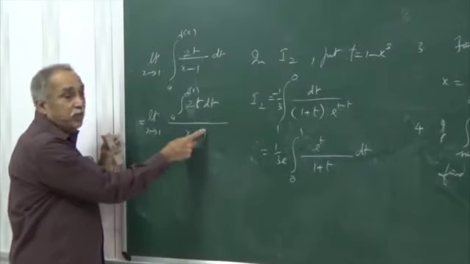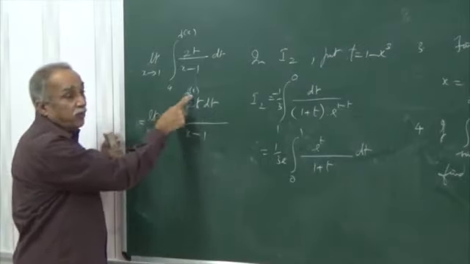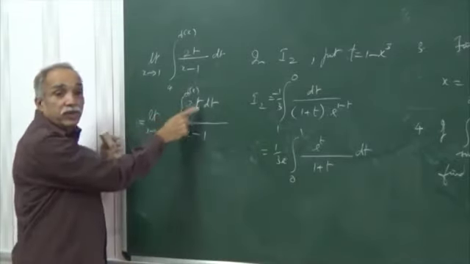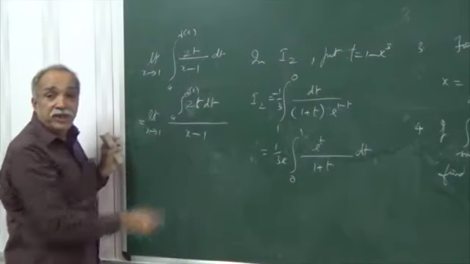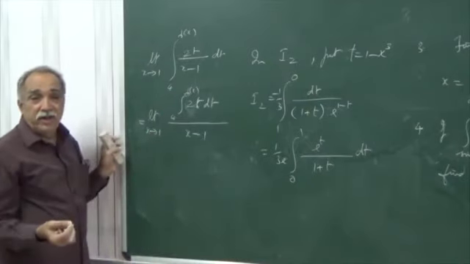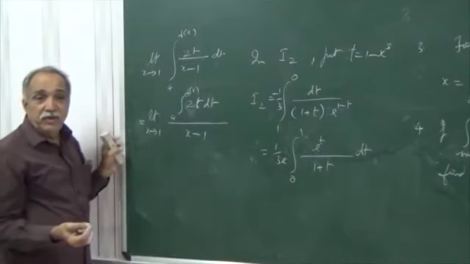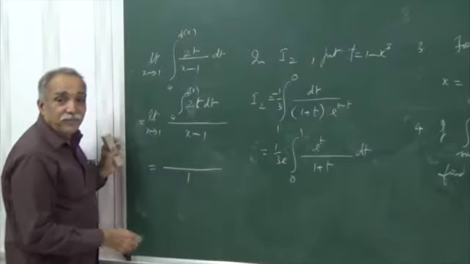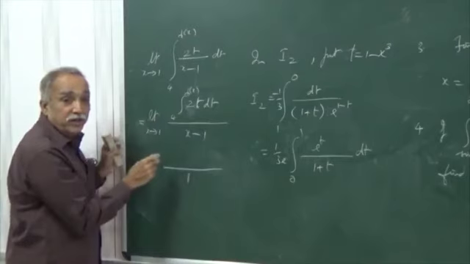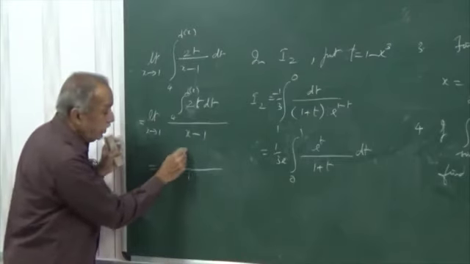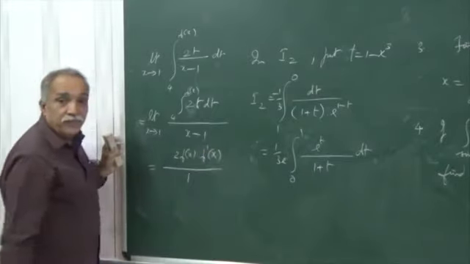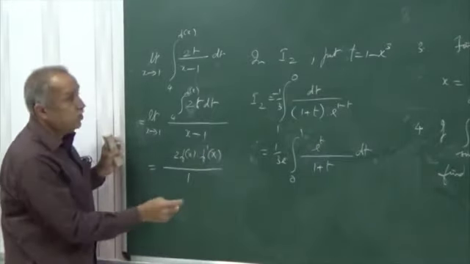Denominator 0. Numerator, this becomes f of 1. But what is f of 1? It is given to be 4. Integral 4 to 4 is 0. You are getting indeterminate 0 by 0. What is the alternative? L'Hopital's rule. Derivative of denominator 1. Derivative of numerator 2 into f of x into f prime x. Apply the values, answer is obtained.